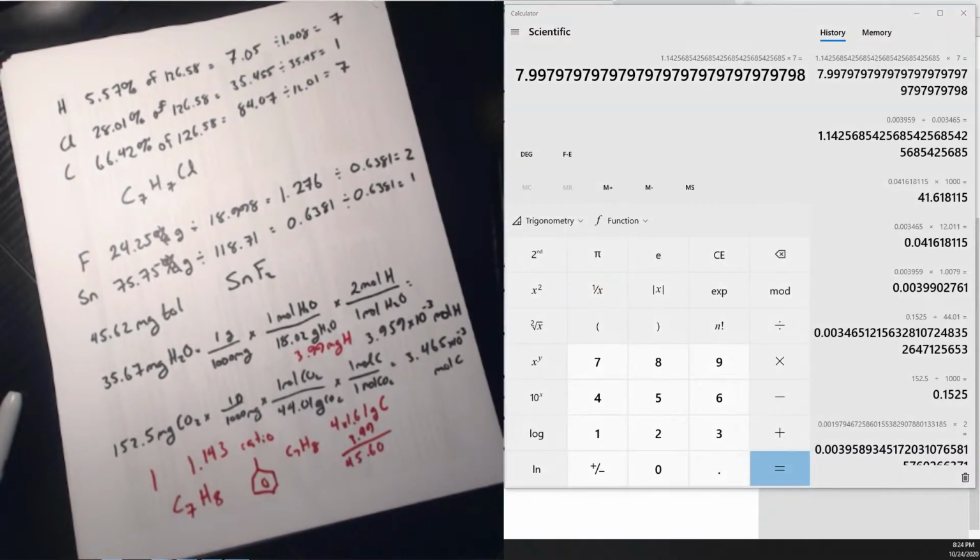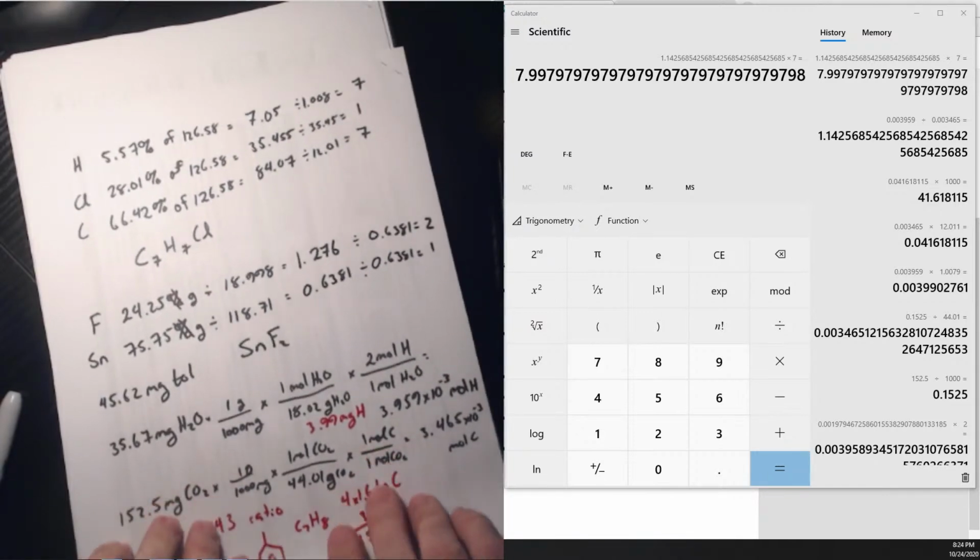I'm just aware that 1/7 is 0.142857 repeating. This is the actual empirical formula and the actual molecular formula of toluene, so it would give you that ratio. I just find it particularly unkind to give that to you in a problem like this. All right.